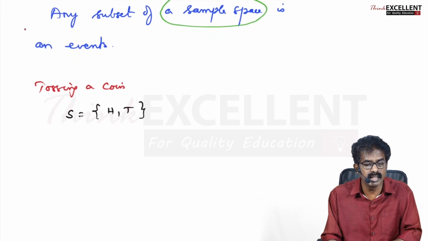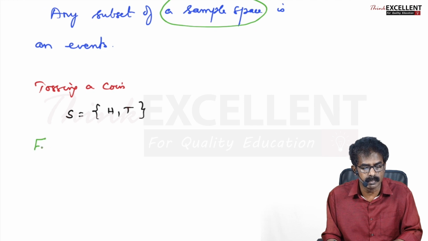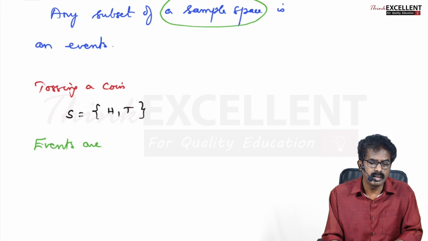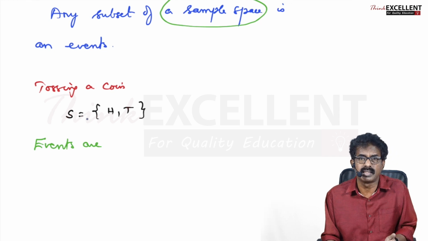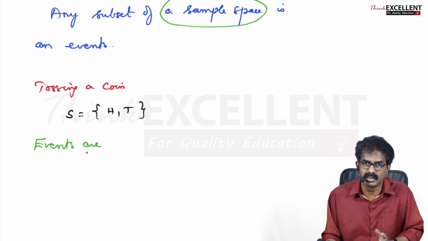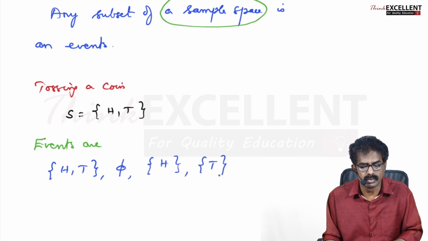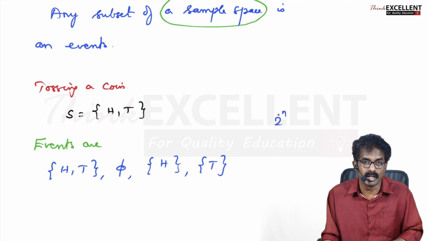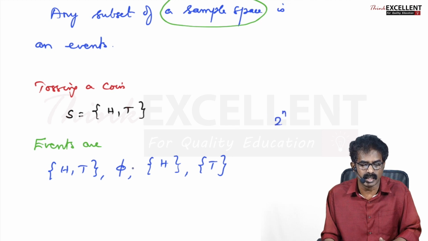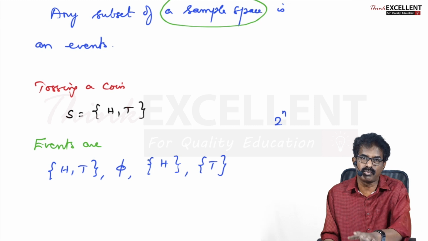Now I want the events. I said an event is any subset. How can you write the subsets? Already studied: the set itself, the empty set, singleton set H, singleton set T. Here also the formula is 2 raised to n. There are 4 subsets, so there are 4 events.